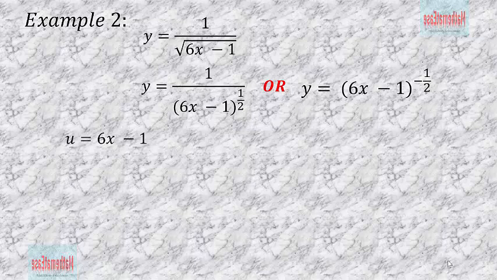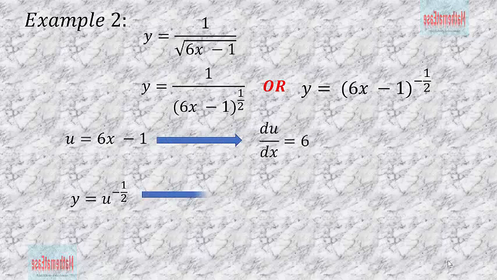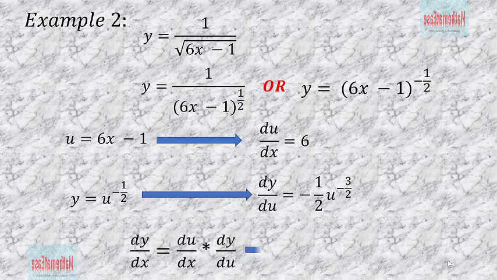In this place, our u is 6x minus 1. Our y is u raised to power minus half. Then we can differentiate the first one, u with respect to x, having du/dx, and also y with respect to u, having dy/du, which will give us dy/dx as the multiplication of the two, which will give us this.